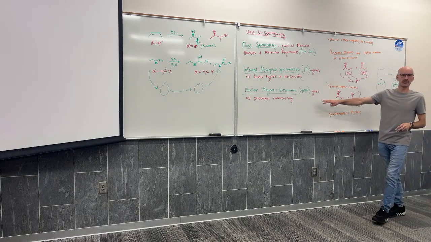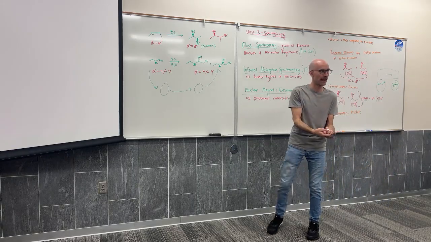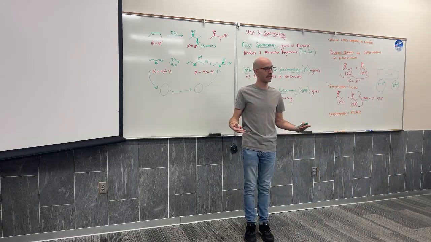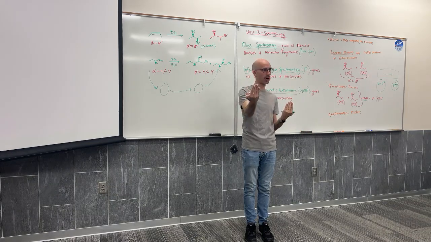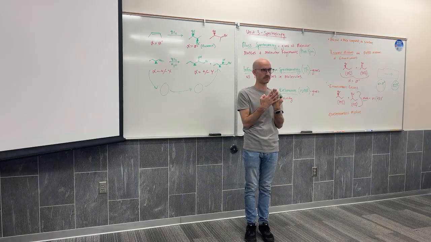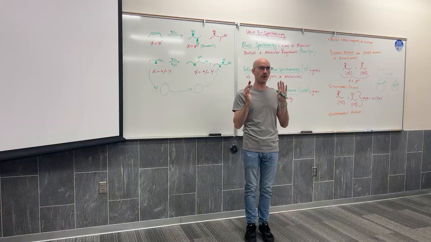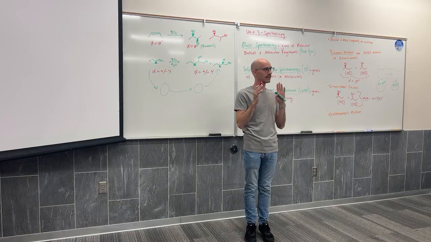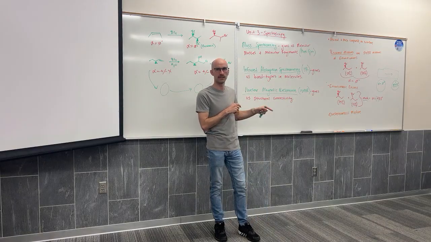NMR actually uses a magnet. You take a sample, you put it inside of a magnet, and that magnet then orients all of the spin of the nuclei. Remember, magnets and charged particles, they go hand in hand. And we will orient the spin of all of those charged nuclei in the same direction. Except there are other charged particles besides nuclei.